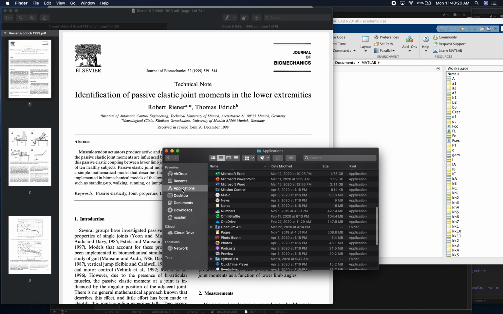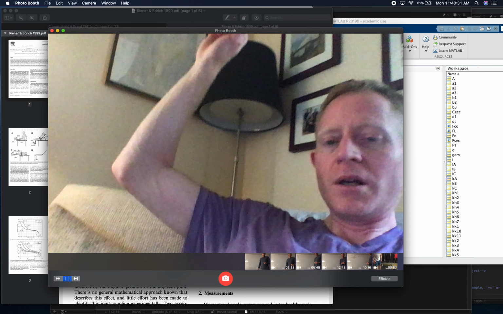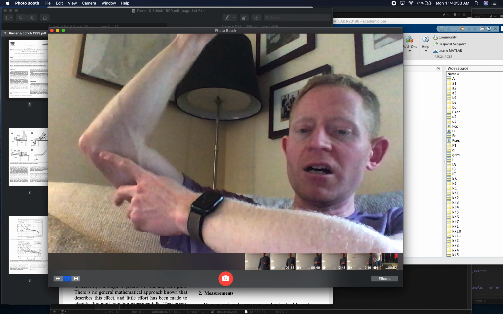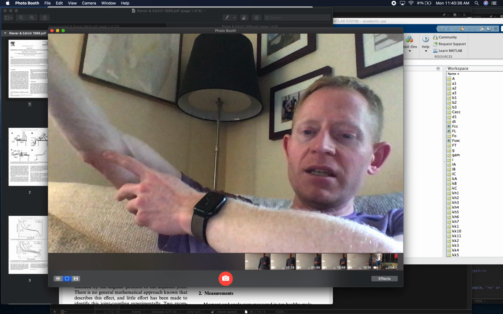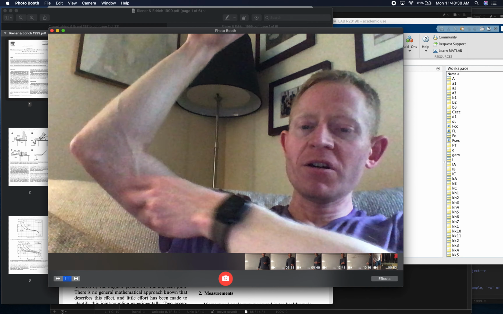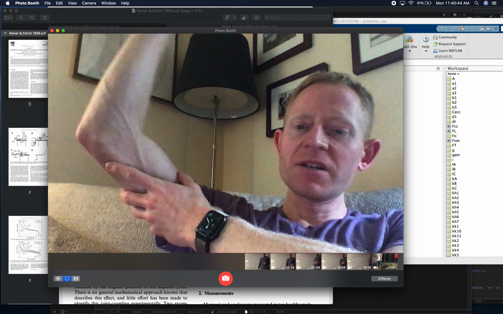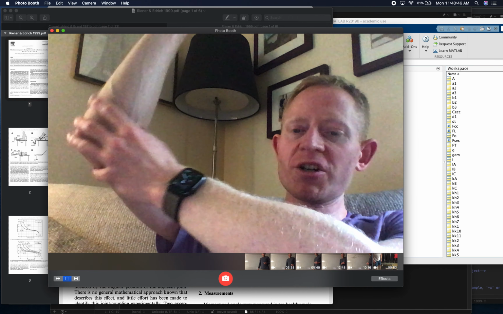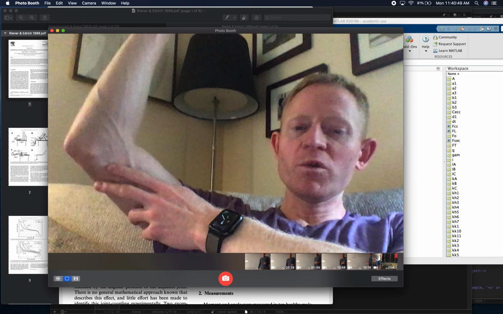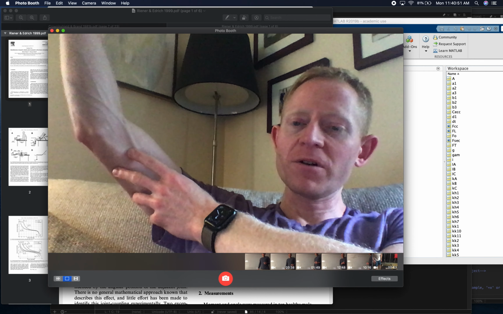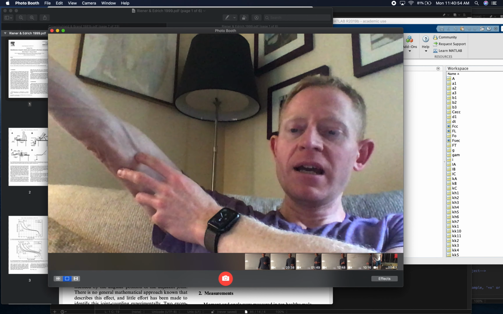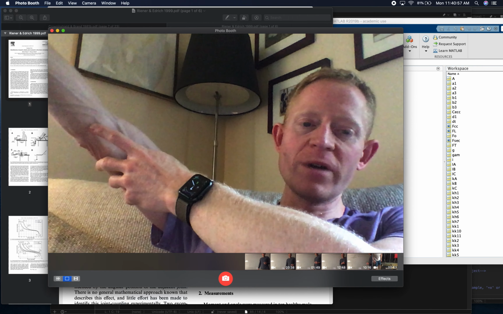Let me pull my video back up here. Where, depending on the pose of my joint here, at different angles, the different structures inside my joint, in the absence of any activation of the muscles by my brain, will be stretched or compressed to different lengths and will be producing different passive moments in whatever direction at that joint.